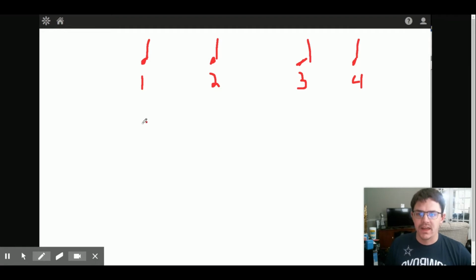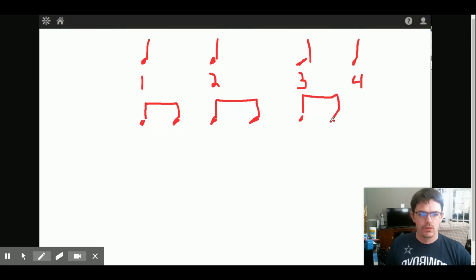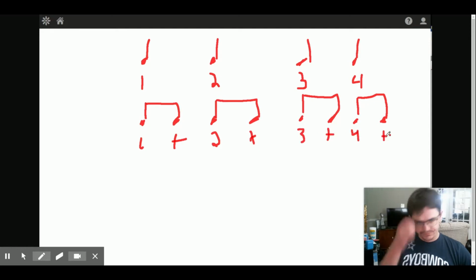Now, if I want to break that in half, my numbers stay in the same place. But now I'm adding a second note on the upbeat, which we know is 'and'. So now I've got 1 and 2 and 3 and 4 and.